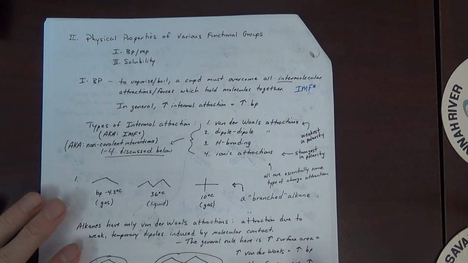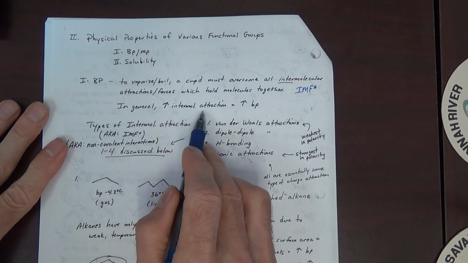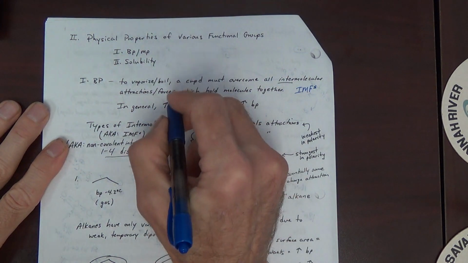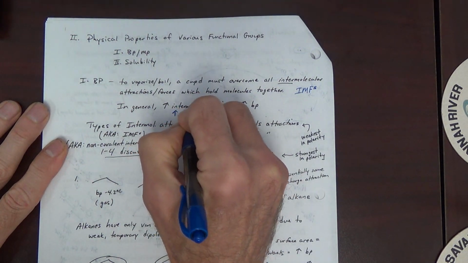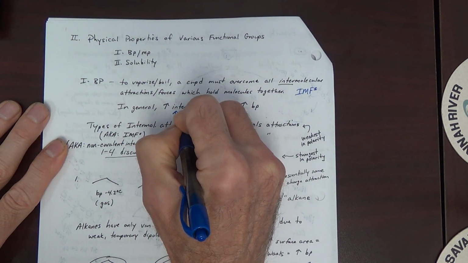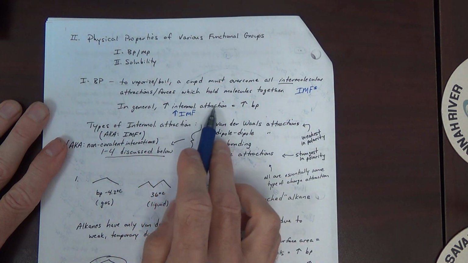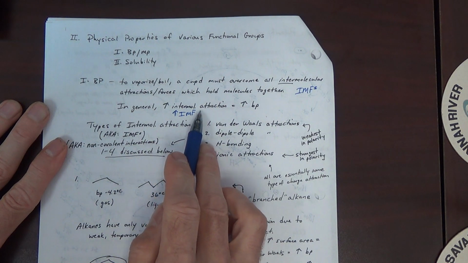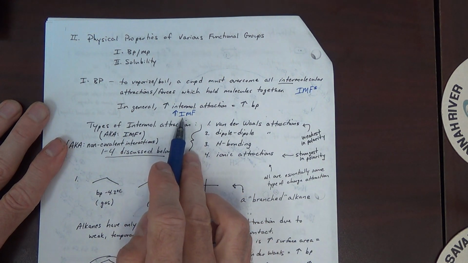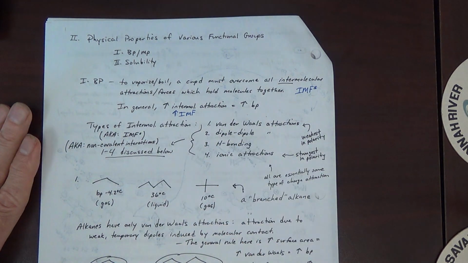Now in general, the more intermolecular attraction, the more IMF, the more of that you have, the higher the boiling point will be.